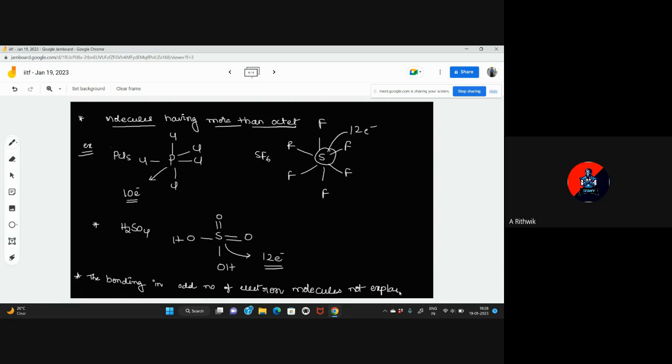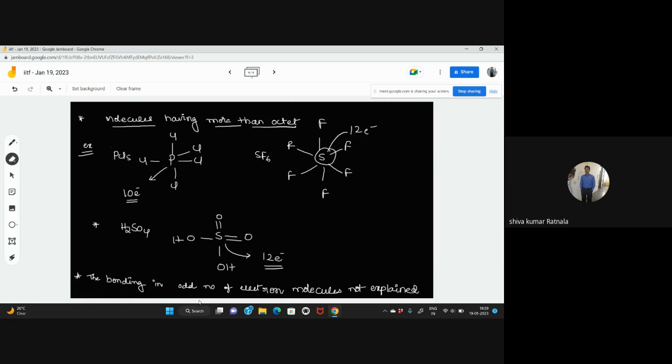Sir, in H2SO4, we can keep all double bonds for oxygen, no, sir? But hydrogen, where can you place it? Here, hydrogen and oxygen have which bond, sir?